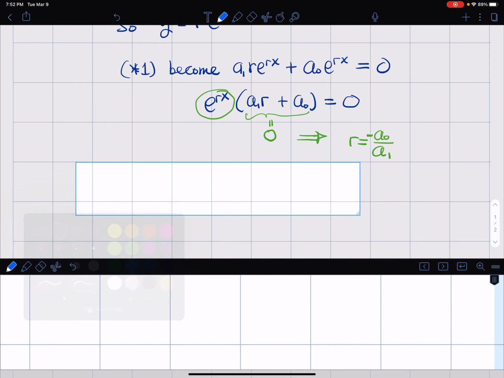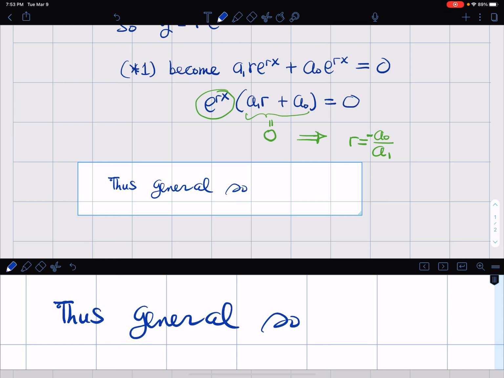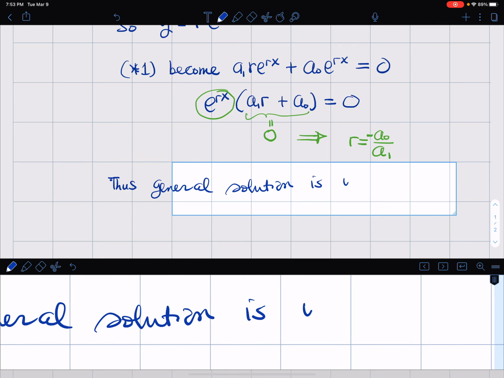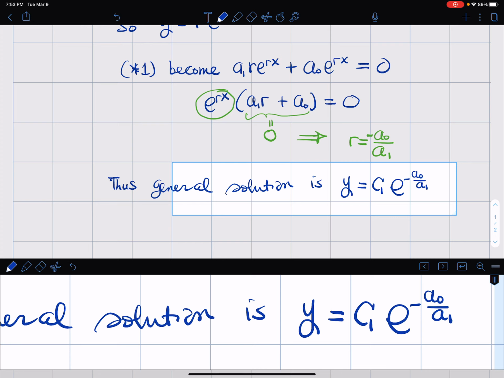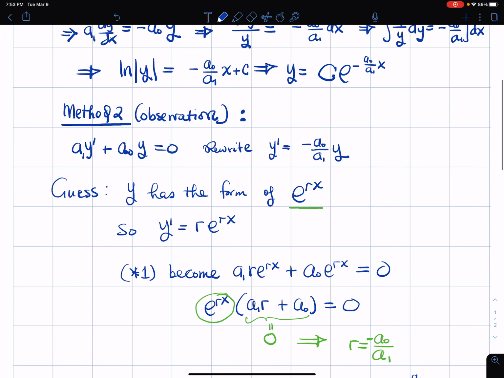Therefore, our general solution is y is equal to c1 e to the negative a0 over a1 x. Right? Just like we got there.